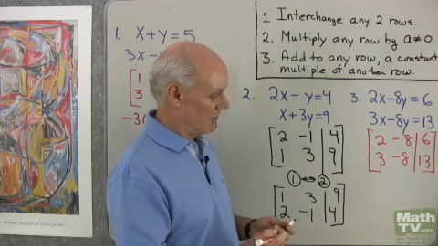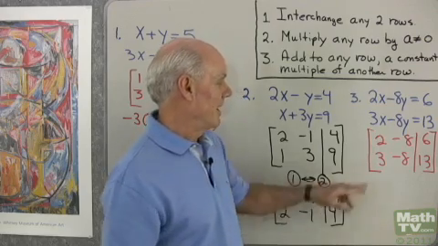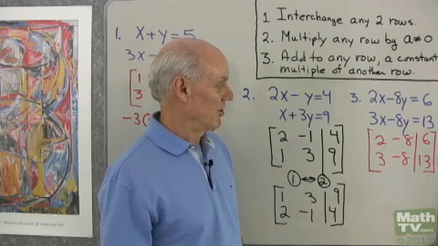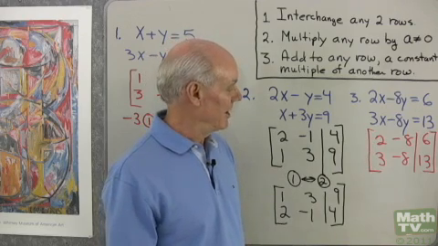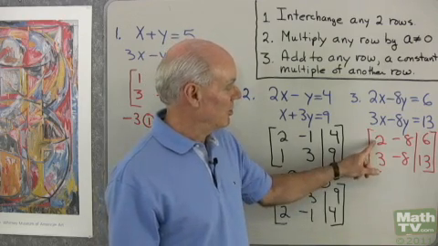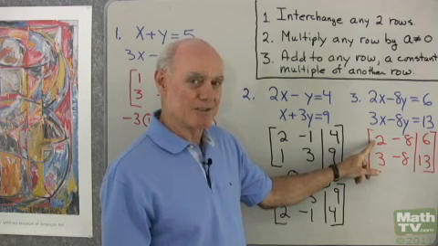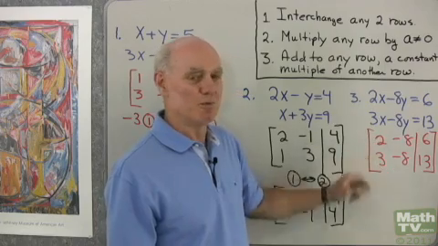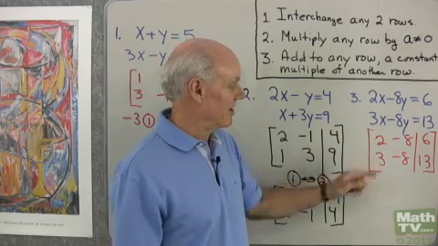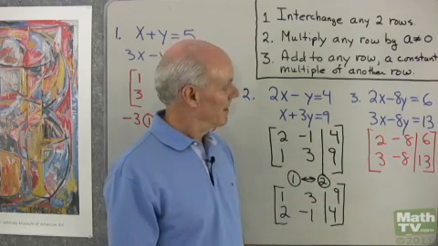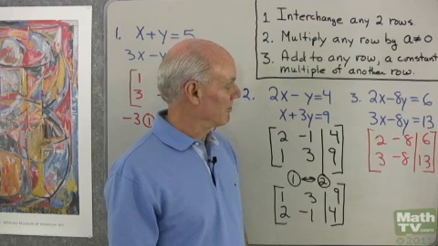Okay, so let's see. What's an idea that I could do? I can't get a 1 in either one of those places real easily by interchanging two rows. I could take this row right here and multiply it by negative 3/2. Negative 3/2 times 2 will be negative 3. And if I add it to this row, I'll end up with 0. But people don't usually like to work with fractions that much.